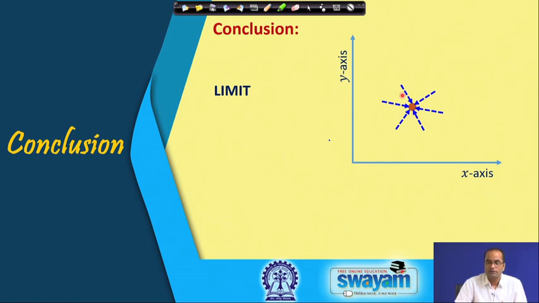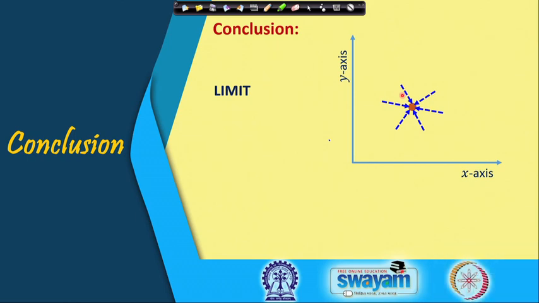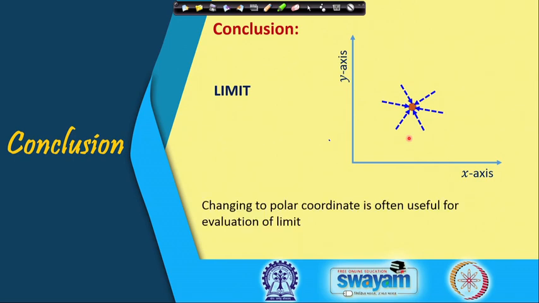Then whatever number we get does not depend on the path, and that will be the limit. Another approach we have seen is that in many situations we can convert the problem into a one-variable problem, and then we can apply L'Hopital's rule, for example, to conclude the limit.